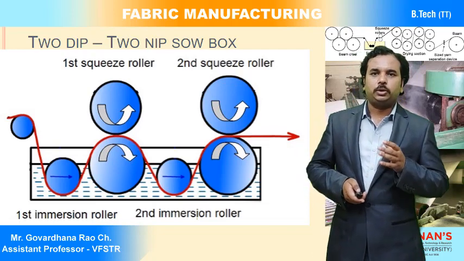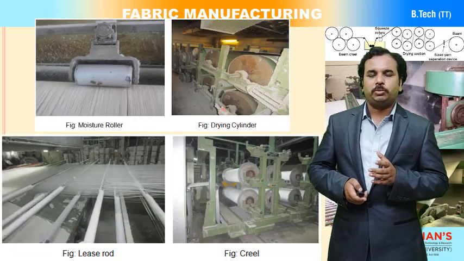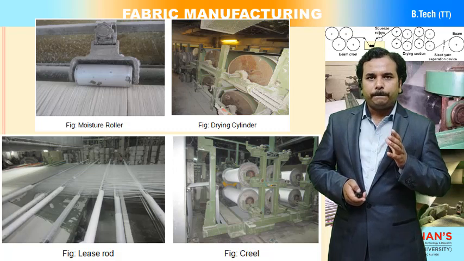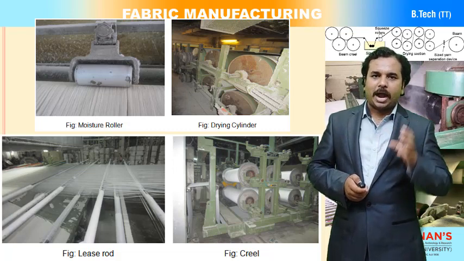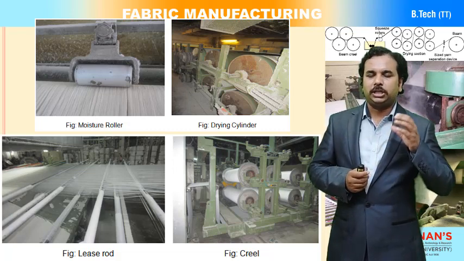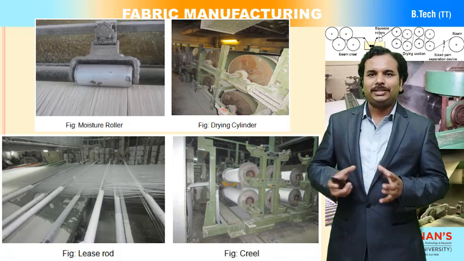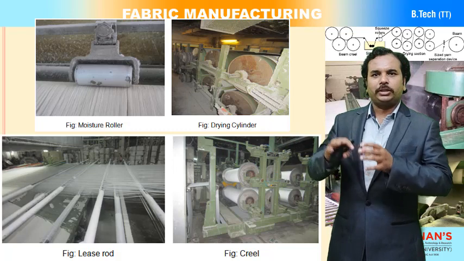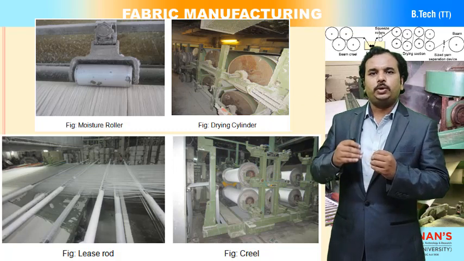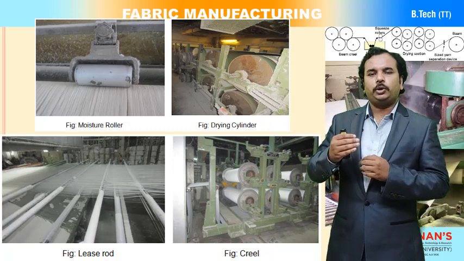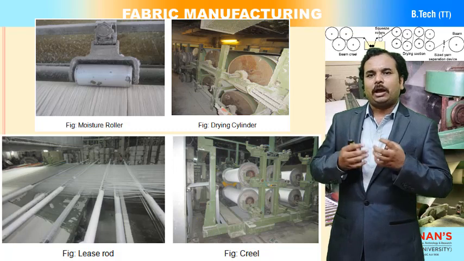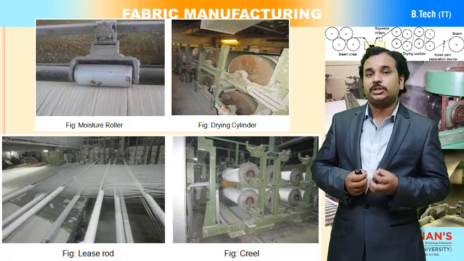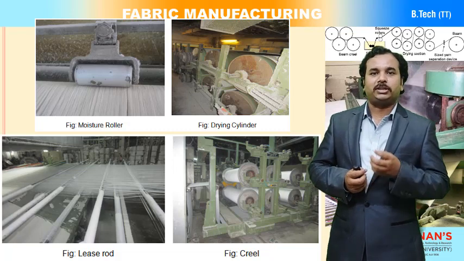Okay, so these are the two different methods of size box, and you can observe that there are different parts in the sizing machine, such as the moisture roller and drying cylinders, as we will discuss in the further slides. There are drying cylinders where you can evaporate the excess amount of water content or wetness from the warp sheet after sizing.